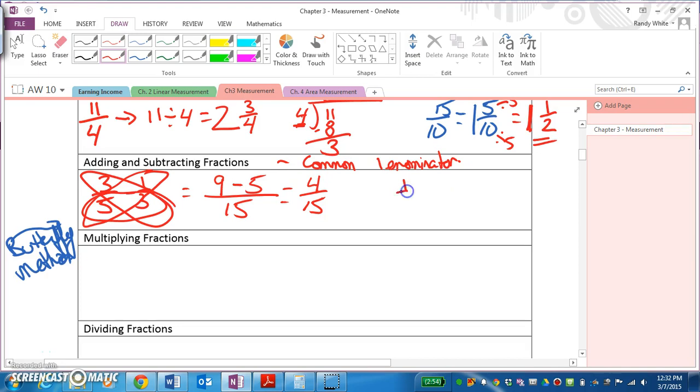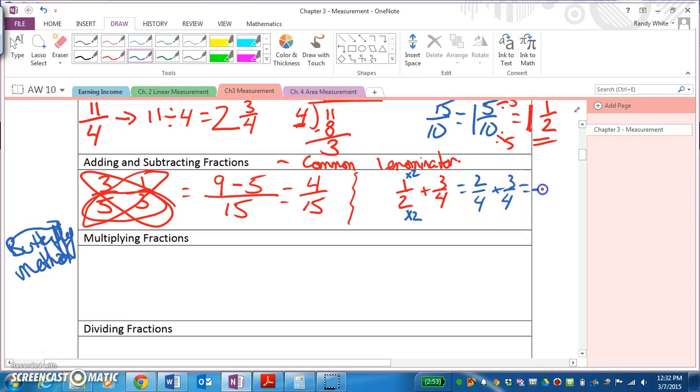Now if I have 1/2 plus 3/4, I could do the butterfly method, but if I look carefully, if I multiply that 2 times 2, and therefore the top one by 2, I'll have 4. So that would give me 2/4 plus 3/4.